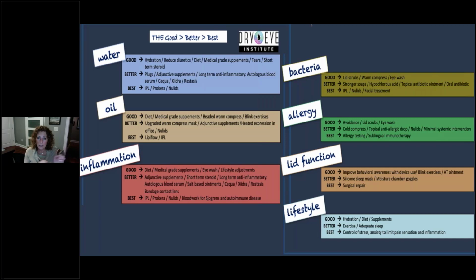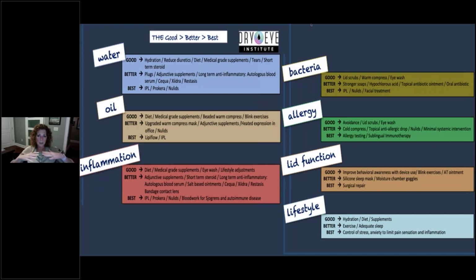So that's good. Better, there's a little handheld device where you spend a minute, minute and a half, and you're able to massage those glands and get the oil glands more motivated, get the oil moving. And then best, hands down, this is going to be a device that heats underneath and compresses on top, and it helps milk those glands. So I'm giving them these options.